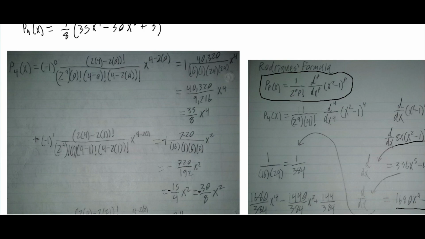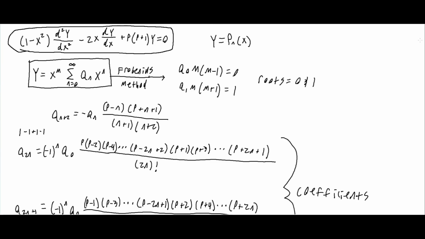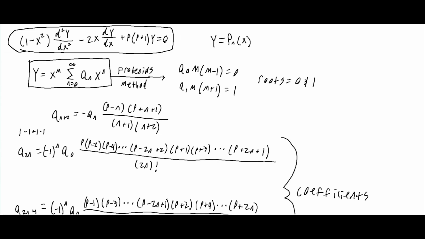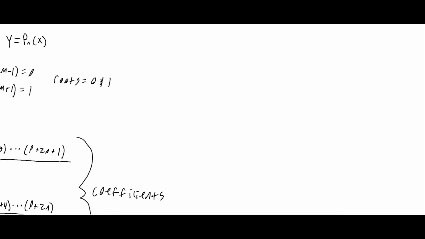But anyway, that is just a little bit about how these polynomials come about. They come about essentially from solving this second order ordinary differential equation. And that gives us our Legendre polynomials, which in the next couple of videos we will see are the things that we need for spherical harmonics.